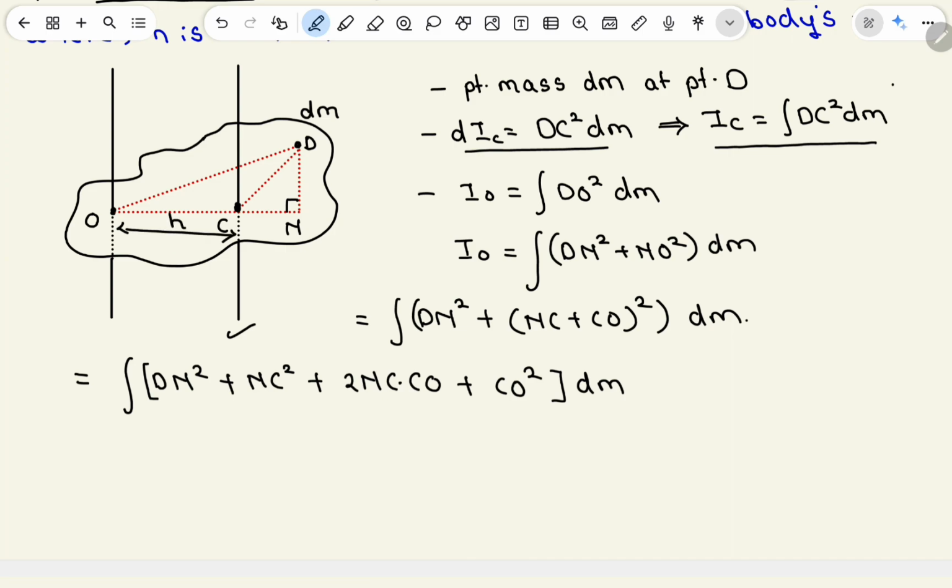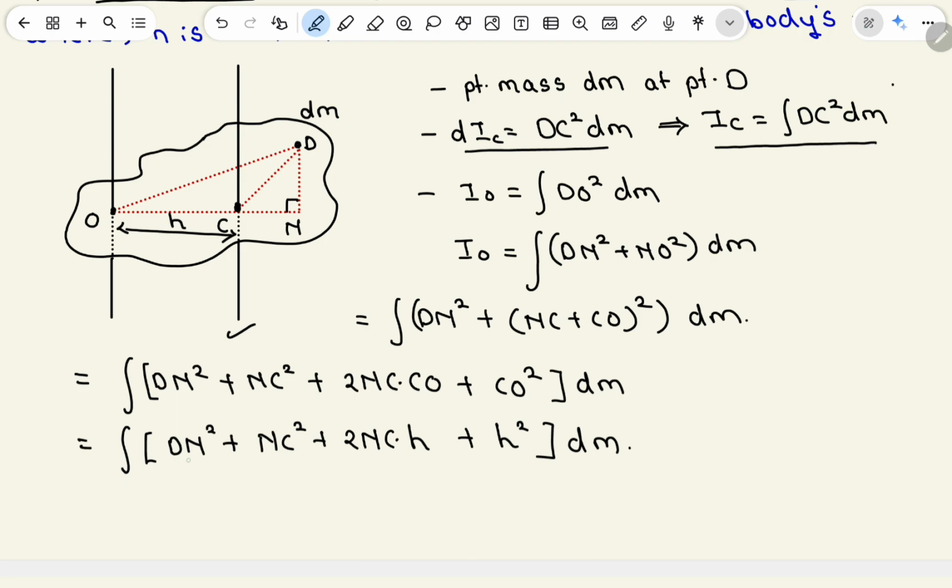So before multiplying the dm with all the terms, we will first substitute h in the place of CO. So we can write integral dN square plus NC square plus 2 NC h plus h square whole into dm.